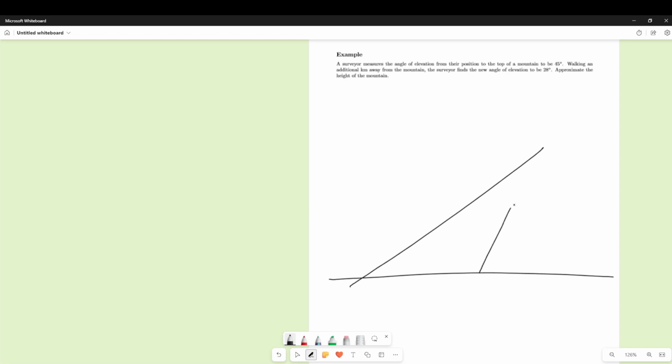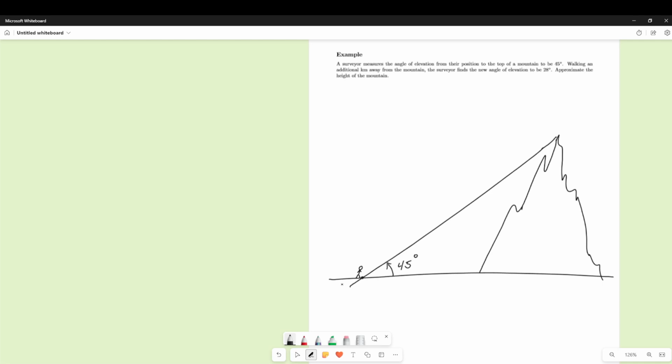So some mountain. And they measure this angle of elevation to be 45 degrees. Now that could either be a coincidence or because they went and set up their equipment to make that happen. It's usually the way it is.